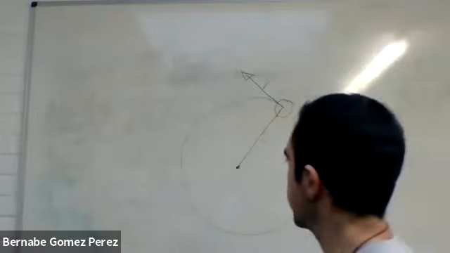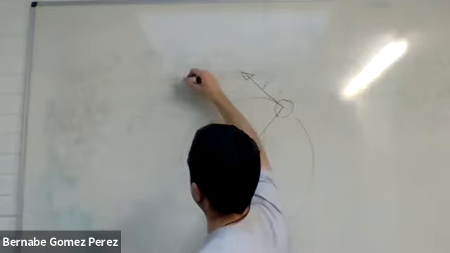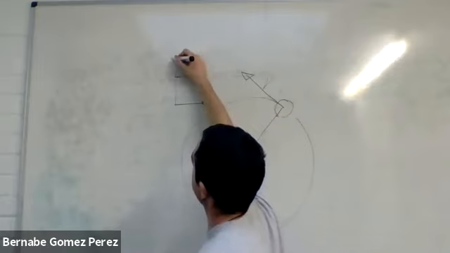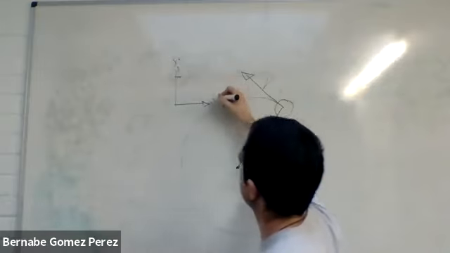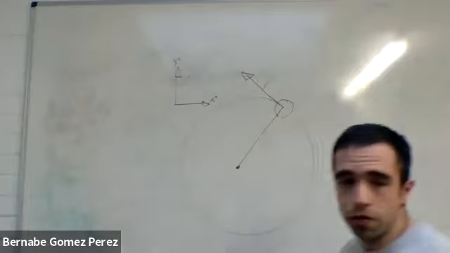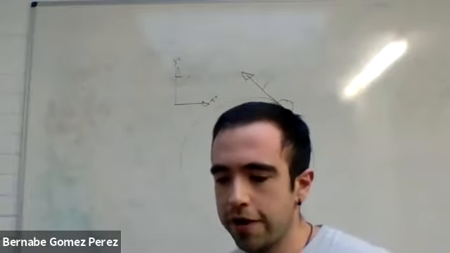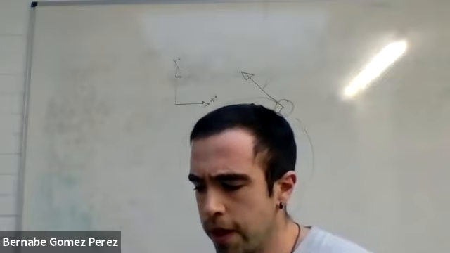But of course, we can always use the standard reference frame, which says that y positive is upwards and x positive is rightwards. However you prefer. I have seen that some of you have some problems with the notation.